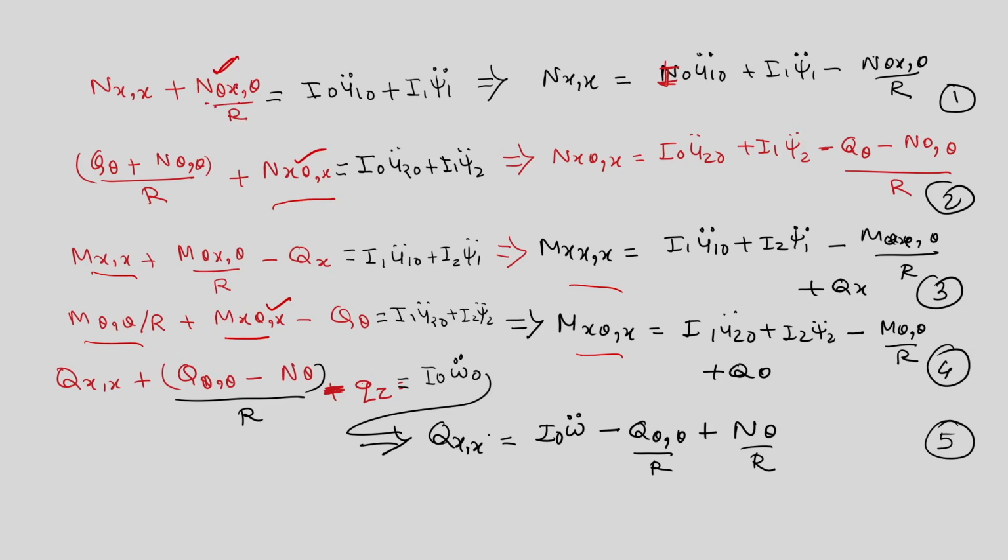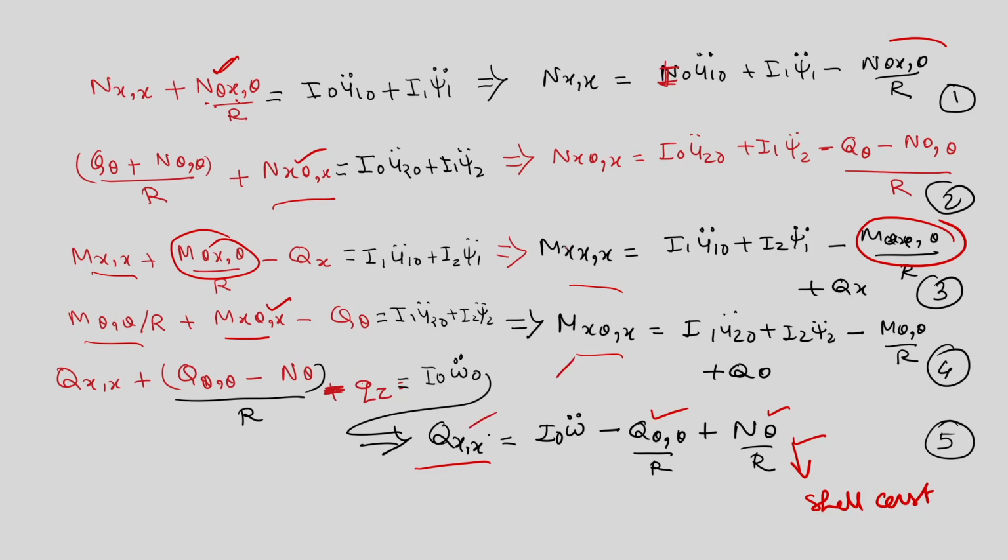Similarly, m theta x is not our variable, so we have to convert it using the displacement form. Then q x comma x can be written as q theta comma theta and n theta. Again here q theta comma theta and n theta will be expressed using the constitutive relation. So ultimately all x derivatives are on the left hand side, and theta derivatives and others on the right hand side.